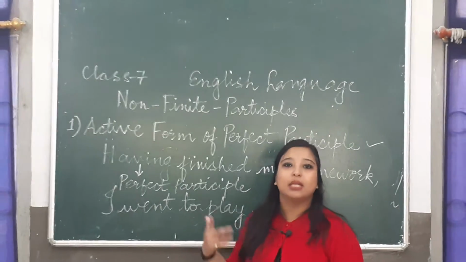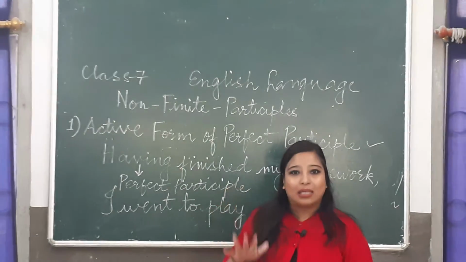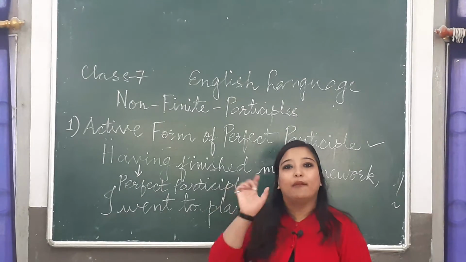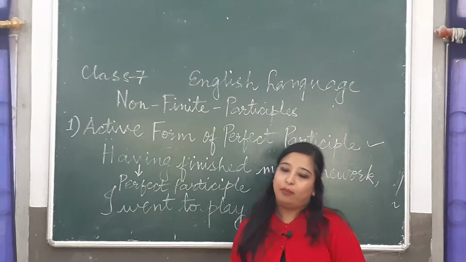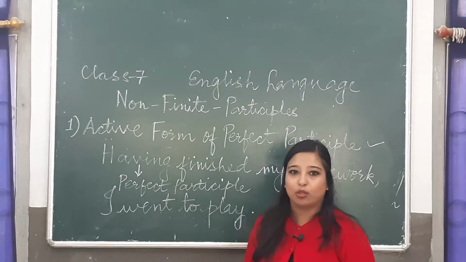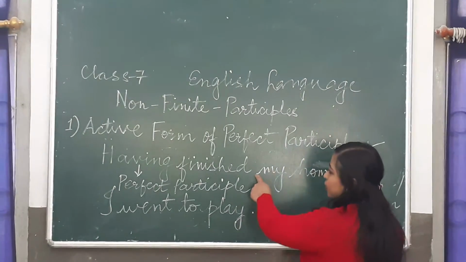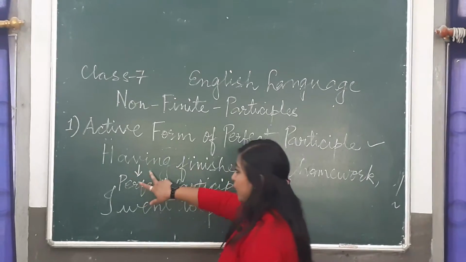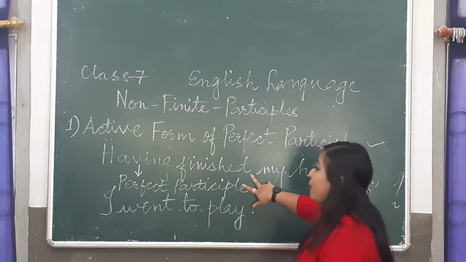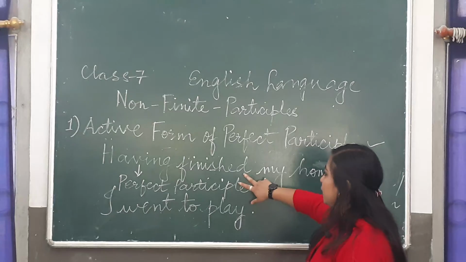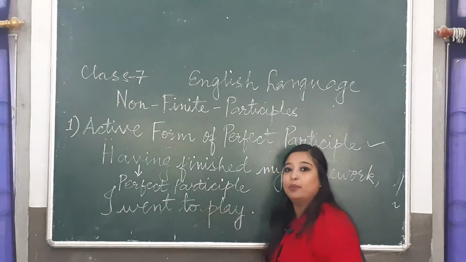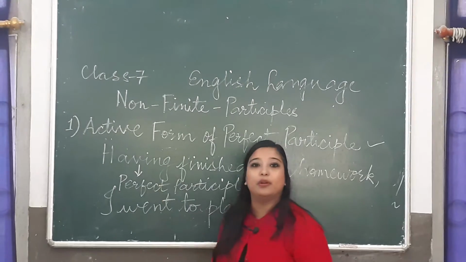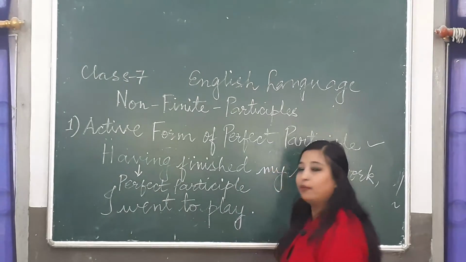So many times I have been telling you, many of the times the V2 and the V3 forms of the verbs are the same. These are known as regular verbs also, isn't it? So you'll have to begin with having and then the past participle form of the verb, that is finished. Having is known as the perfect participle in the active form.